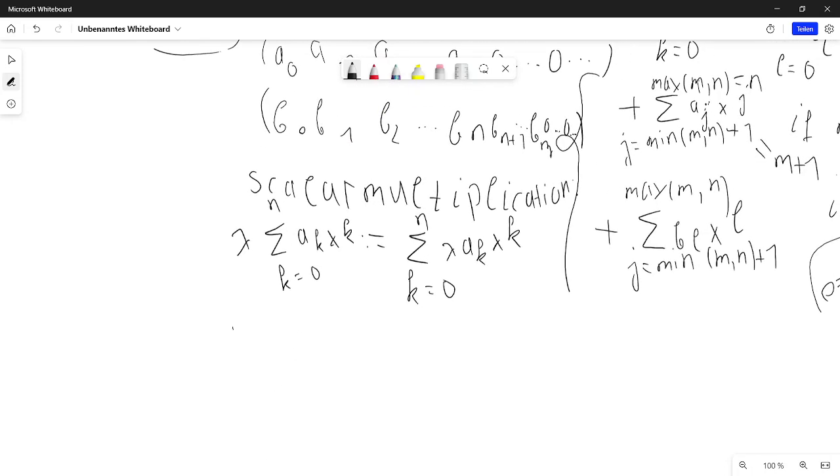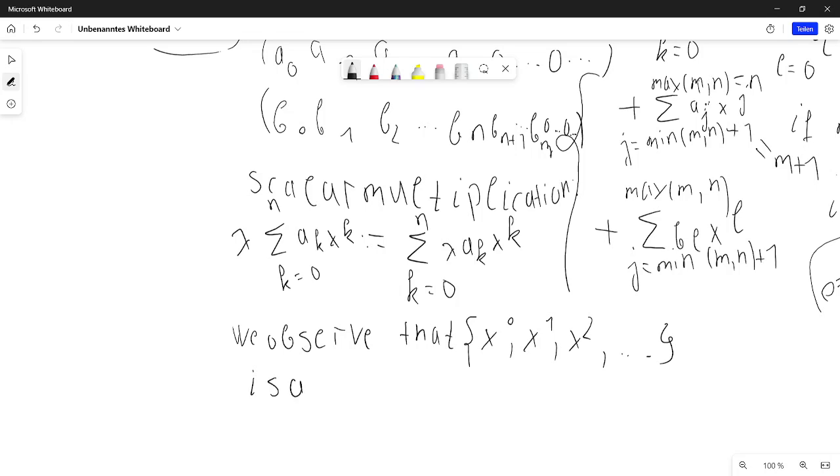We observe that x0, x1, x to the power of 2 and so on is an infinite basis.